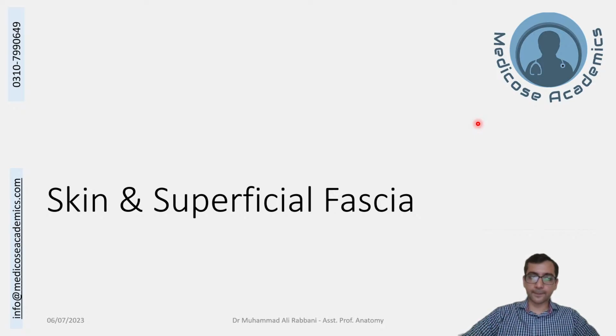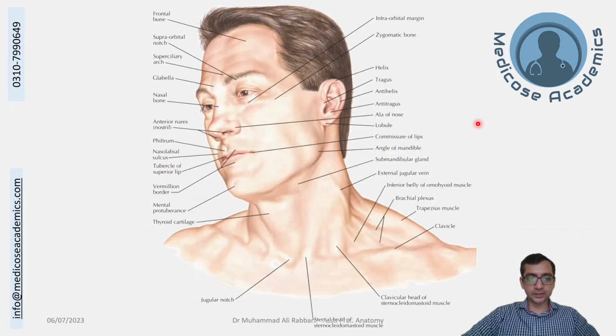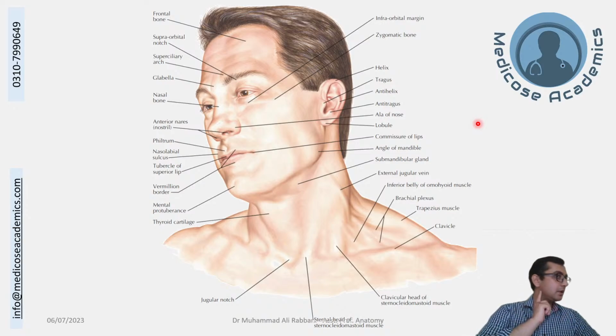Let's talk about the neck. When we are talking about the neck, what exactly is the region we are defining? If we go by the skin, which parts are there? Your jawline, the lower margin of the mandible, here the angle of the mandible.